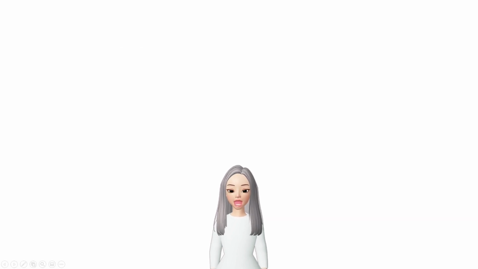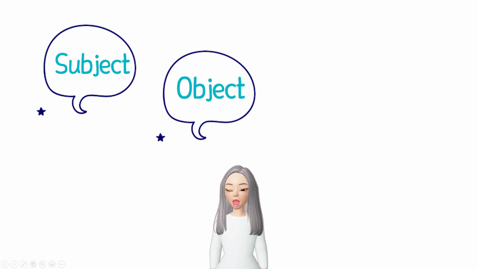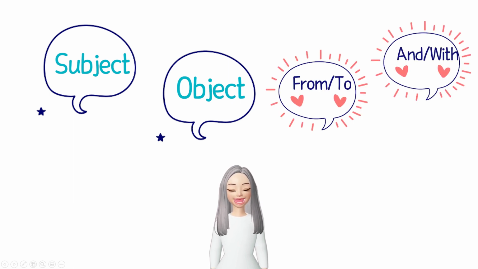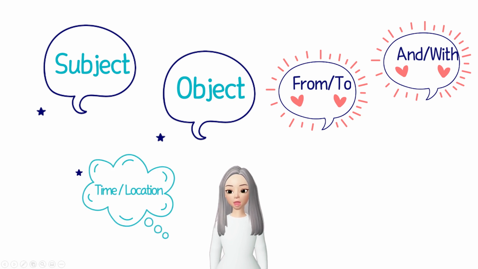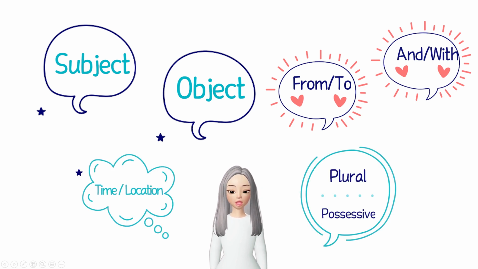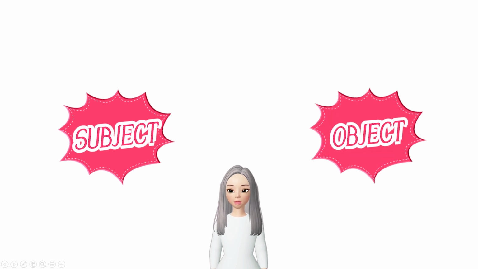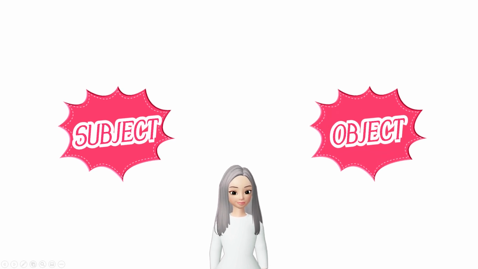In Korean grammar, there are many types of markers or particles, like subject marker, object marker, marker to indicate from and to, marker for indicating and with, marker for indicating time and location, plural particles, possessive particles, and so on. The most commonly used are subject marker and object marker, and we will look at those two today.